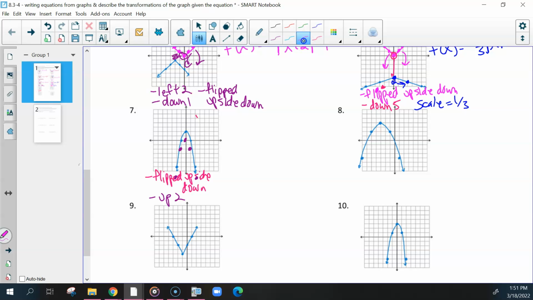Now I'm going to take those same things and flip it back up, right side up. So this would still be here, this would be here, this would be here, and 1, 2, 3, 4, 5, 6, 7, 8, somewhere up here. So this would be if it was right side up. Now, we're going to compare this to our parent function. So I'm going to briefly just draw this really fast.